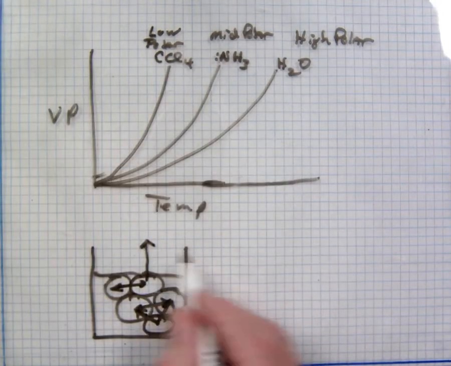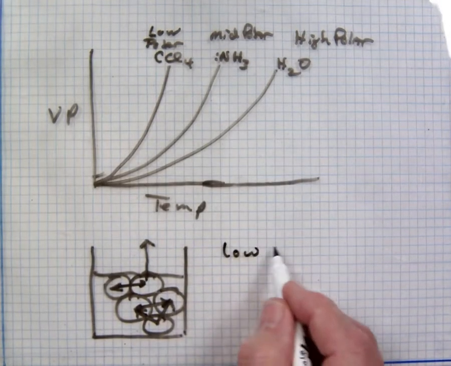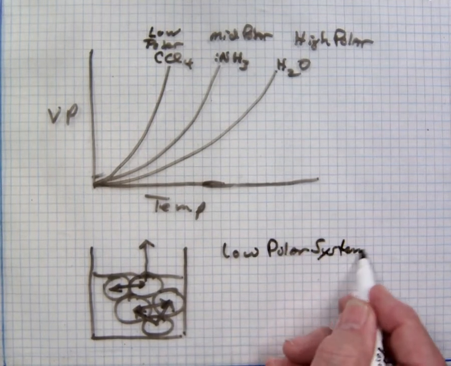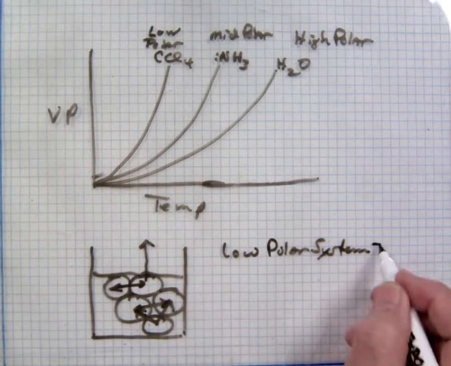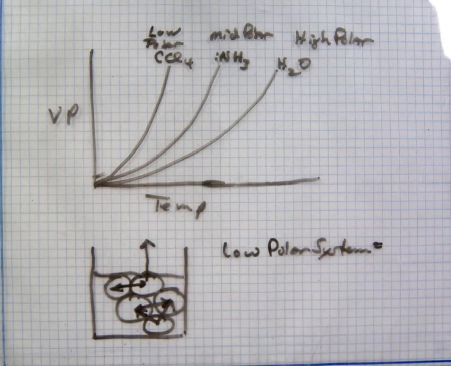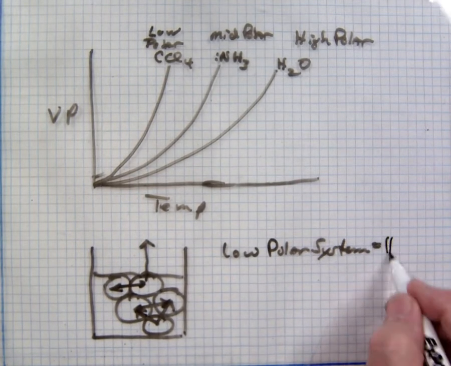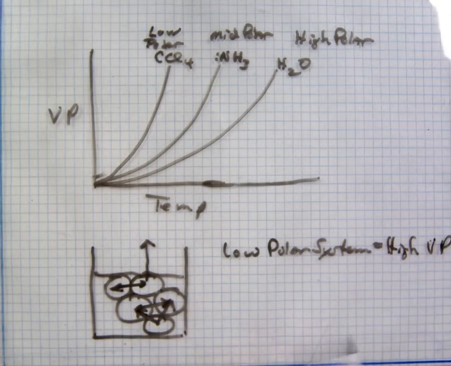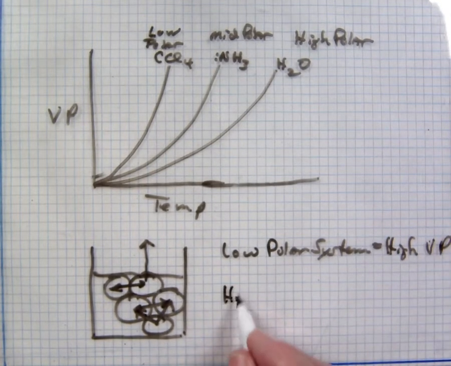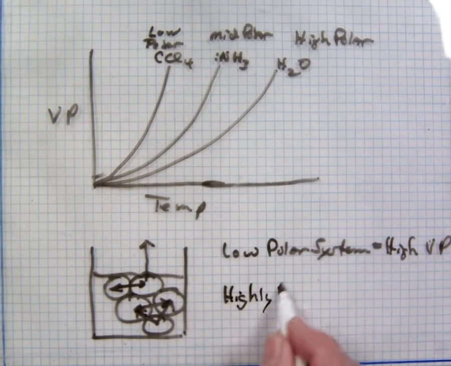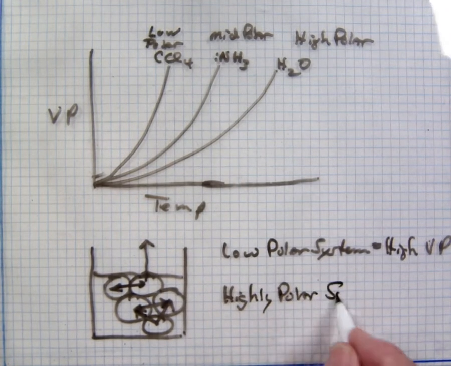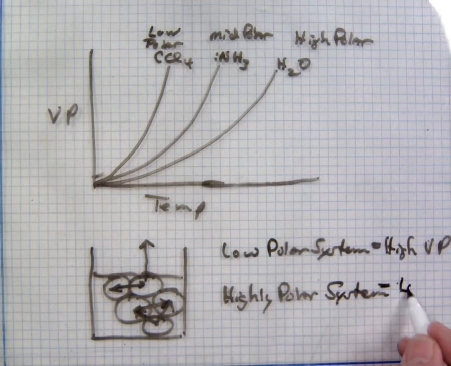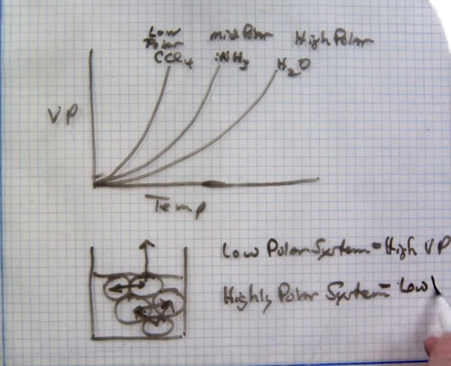So if you have a low polar system, you'll have a fast or high vapor pressure. If you have a highly polar system like water, you'll have a relatively low vapor pressure.